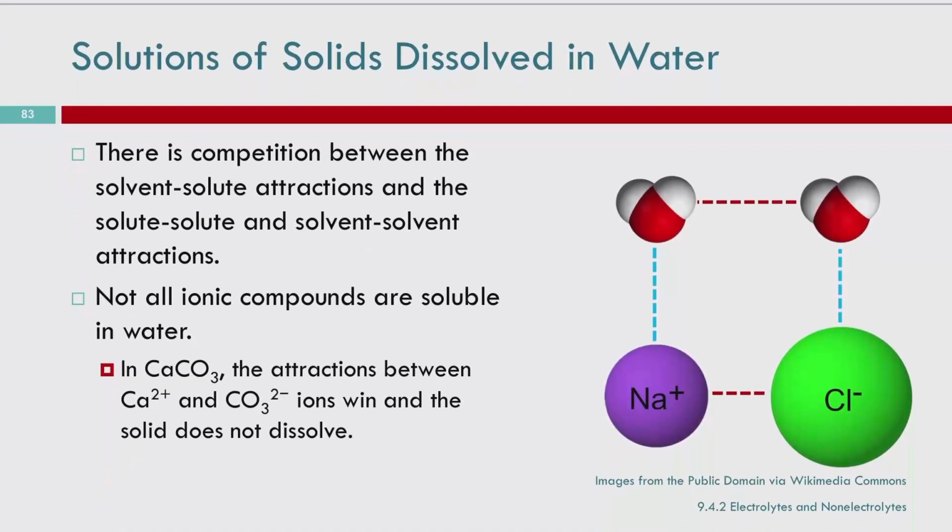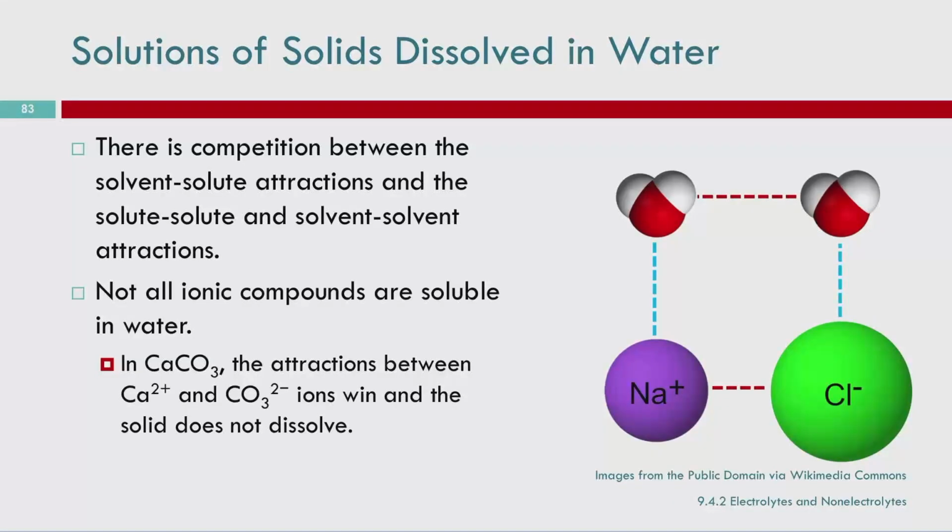The way that dissolution works, dissolving things, is that we've got competition. So here we're looking at salt and water. So we've got our solvent, which is the water. We've got two water molecules, and we've also got our solute, the salt.